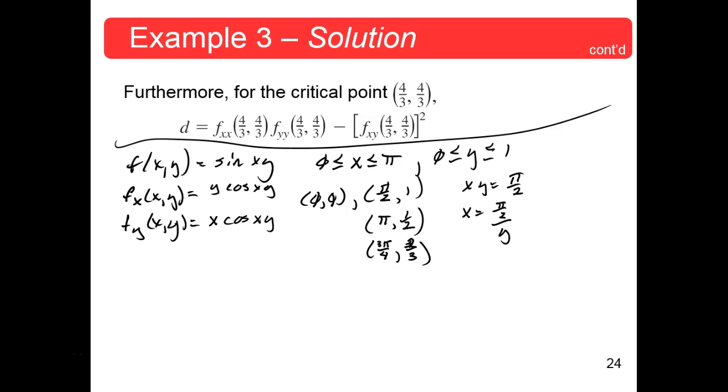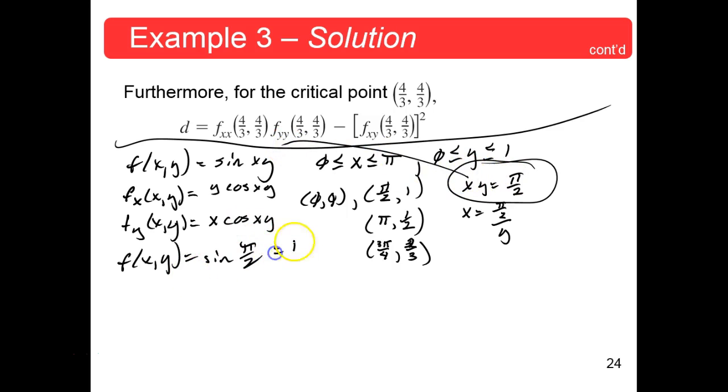All right. Now, it's wherever this is true. xy is equal to pi halves. Now, if xy is pi halves, then f of xy is sine of pi halves, because xy is equal to pi halves, and that would be 1.